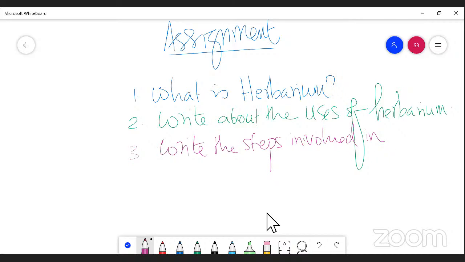Write the steps involved in herbarium preparation.